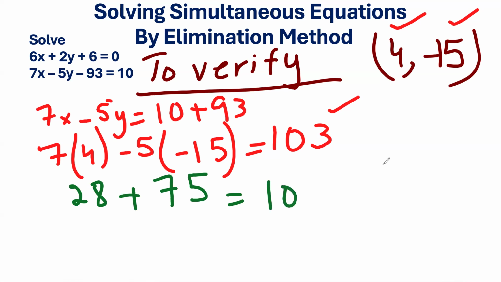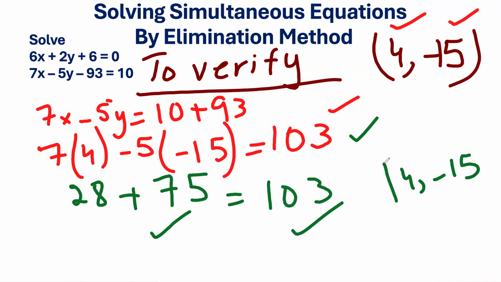It will give you 103. 28 plus 75 will give you 103, and 103 is already there on the right-hand side. So it means that the equation is satisfied and your answer is correct. What is the answer? It's 4, negative 15. This is the answer, and it is verified, the equation is satisfied.